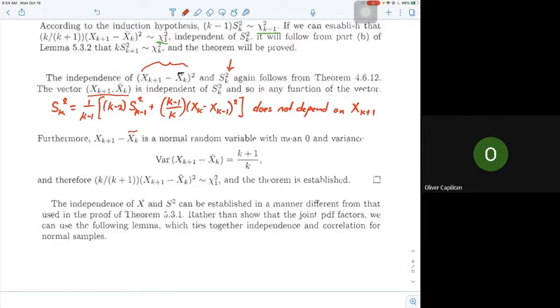So implication yan, x sub k plus 1 minus x sub k bar will have a normal distribution with mean 0 and the variance is k plus 1 over k.